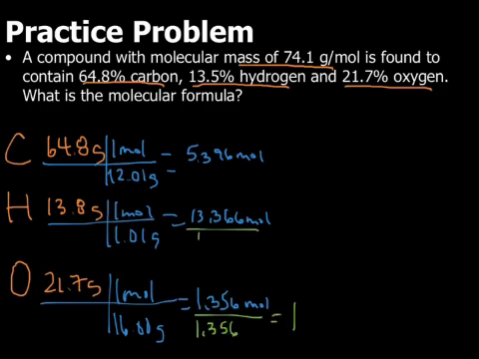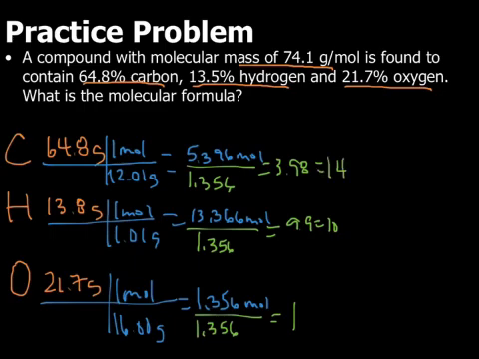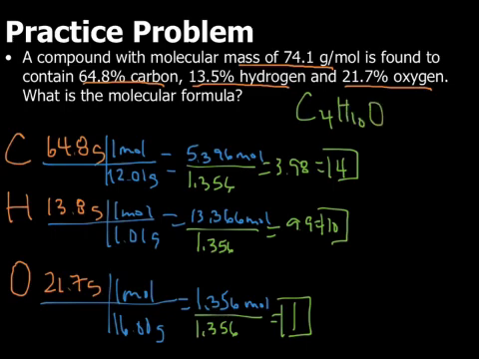That gives me 1 for oxygen, 9.9 for hydrogen, which I can round to 10, and 3.98 for carbon, which I can round to 4. So my empirical formula turns out to be C4H10O.